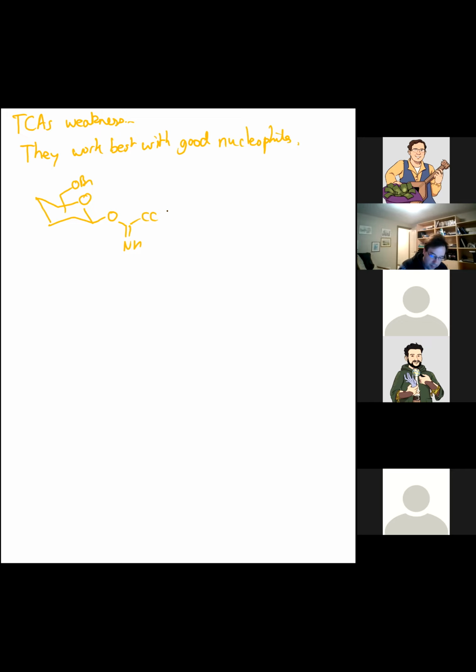It's a chloride. And I take TMS triflate because I don't want to lose my stereochemical information because I'm not a moron. And I use ethanol. Good nucleophile.